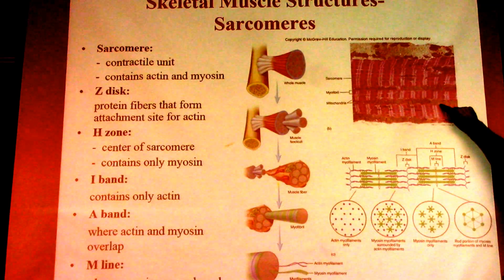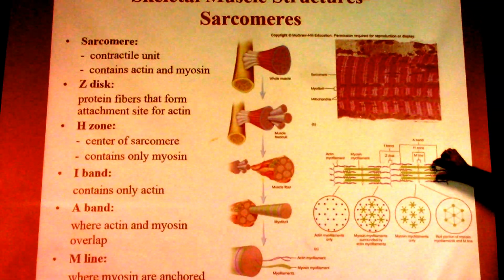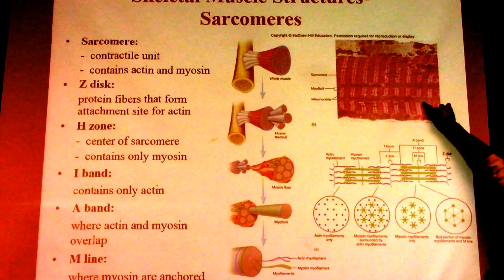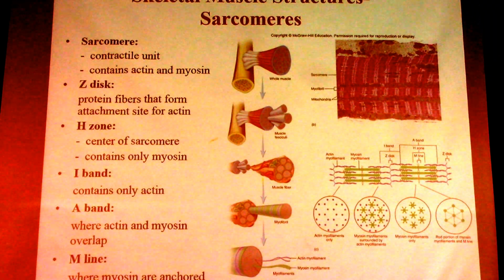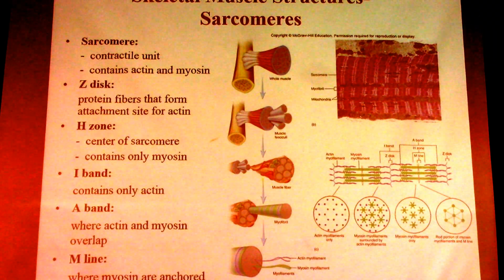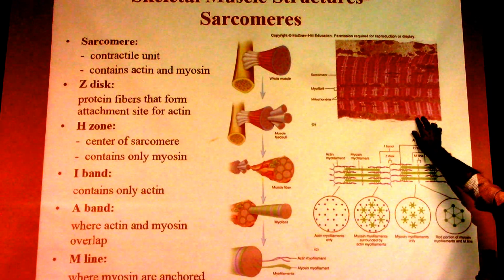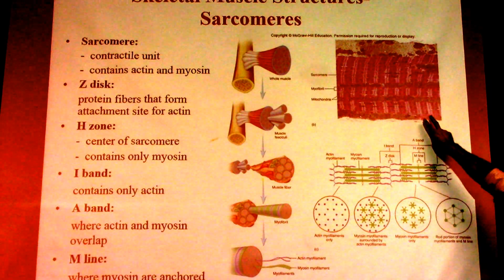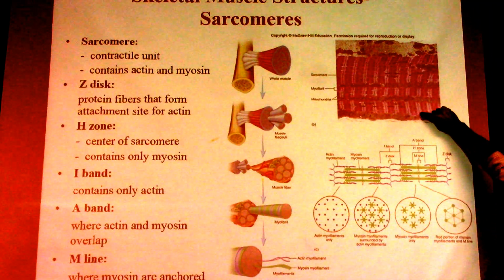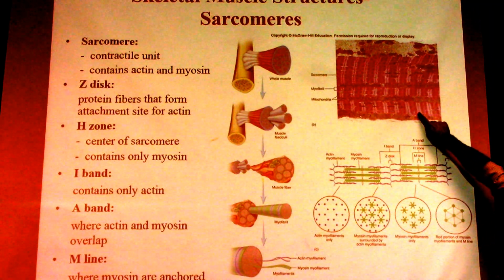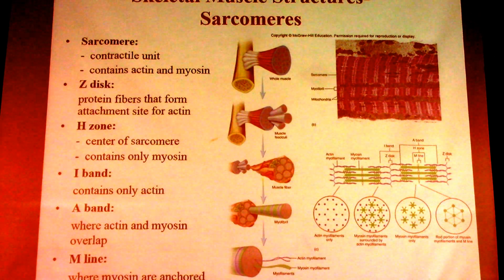So that zone is lightly pink in color. This darker pink is this area here, and the lighter color is this thicker filament of myosin in the middle. And this area is called the I band. I band is basically two zones around the Z disc, a lighter one on this side and a lighter one on the other side, which are just actin proteins.